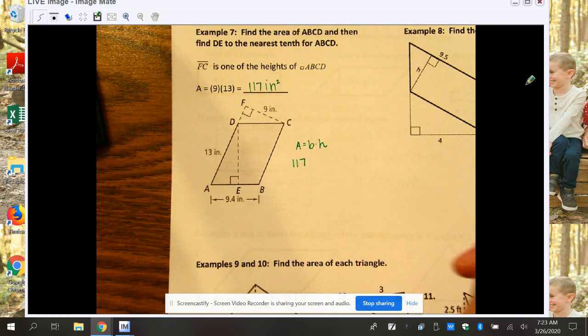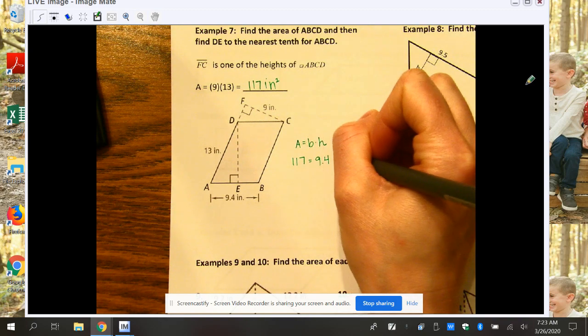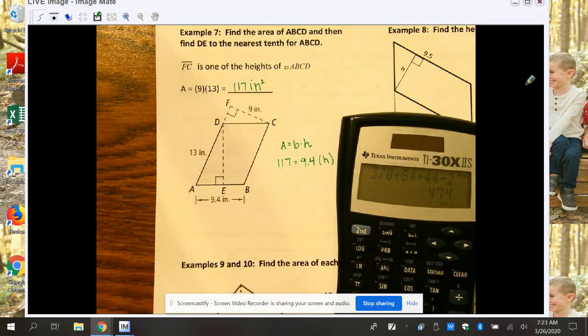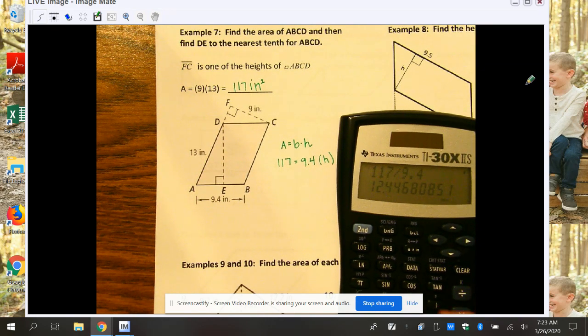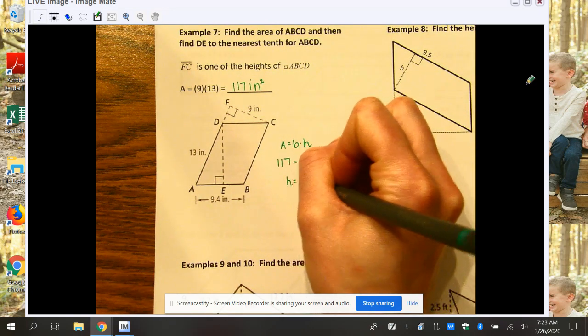And so then this time the base would be 9.4, and I'm looking for that other height, DE. So if I take 117 and divide it by 9.4, and we were told to round to the nearest tenth, so I'm going to say that this is about 12.4 inches.